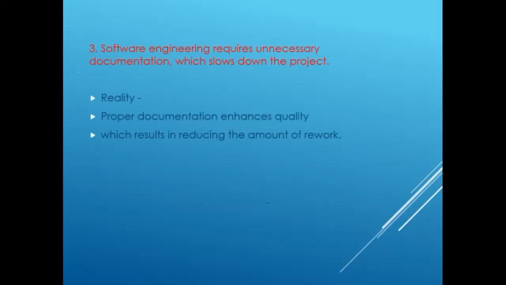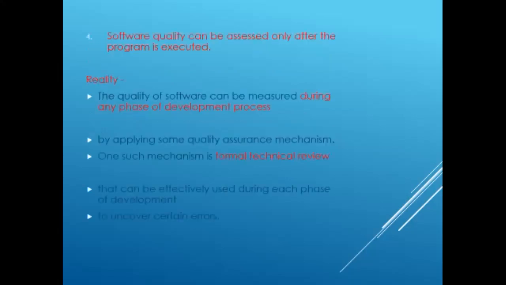Number 3: software engineering requires unnecessary documentation which slows down the project. But the reality is that proper documentation enhances quality, which results in reducing the amount of rework. Number 4: software quality can be assessed only after the program is executed.